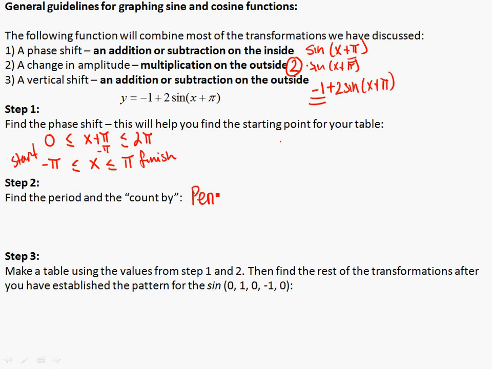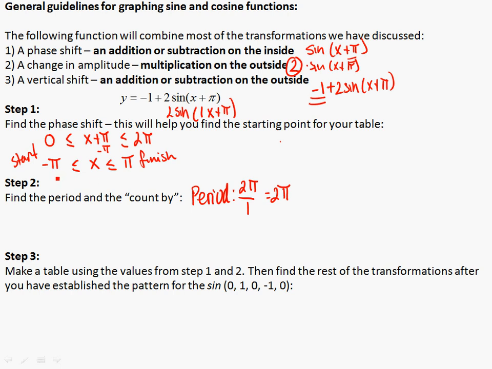For the period, will your period be affected? No, because it's still 1 times x, isn't it? So what do you divide 2 pi by? 2 pi divided by 1, the number in front of the x, and 2 pi divided by 1 is 2 pi. If that's a little confusing because you're looking at this pi, how can the period be 2 pi?